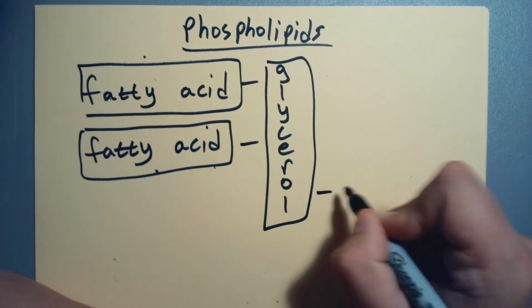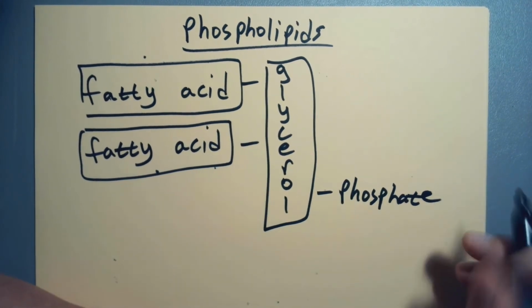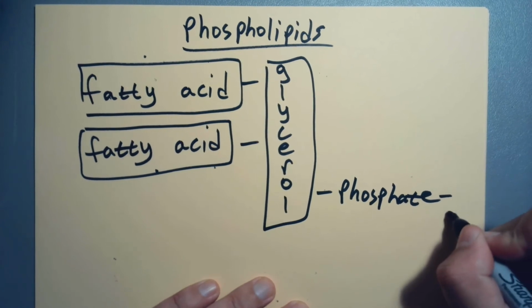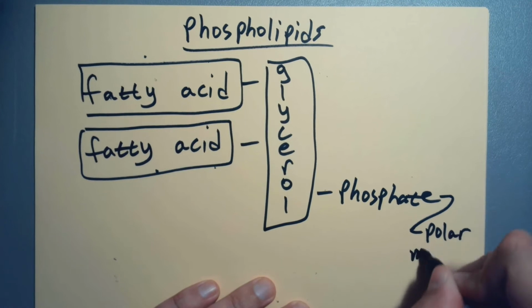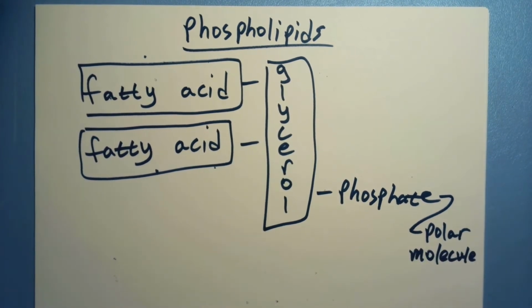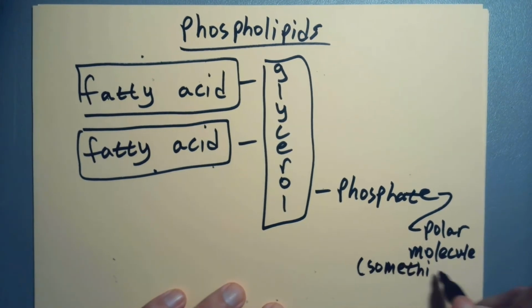And then what we have is a phosphate. And then that phosphate bridges to some sort of polar molecule. Generally something that can H-bond. Doesn't hurt either.